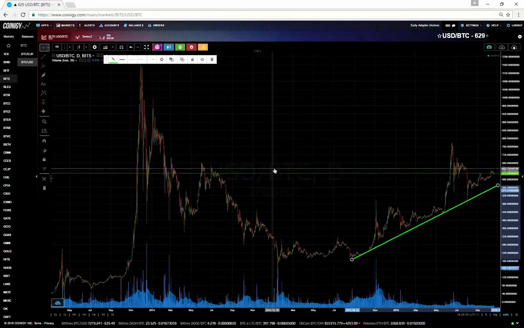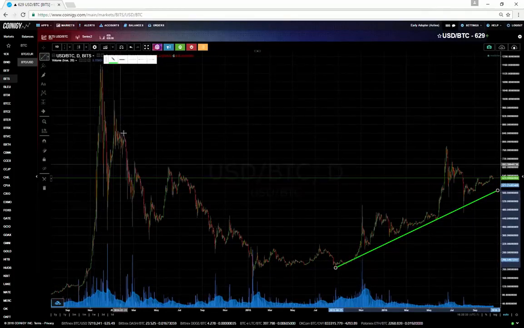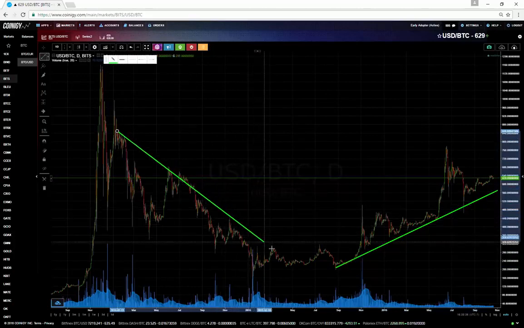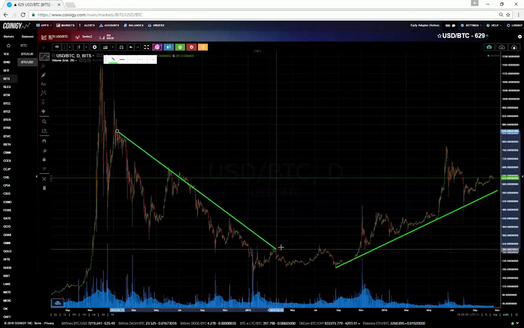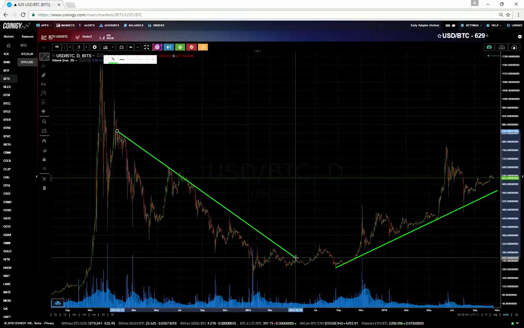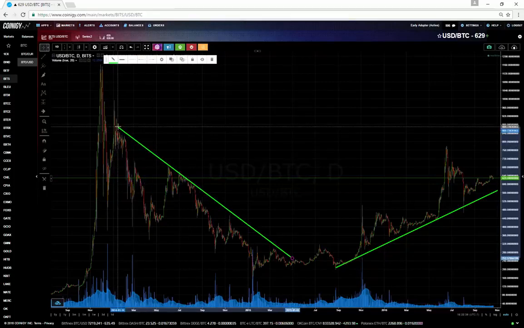Now the same can be applied for a bear trend. Since we had this big correction here, the Bitcoin markets for most of 2014 has been in a bear trend. So you can see multiple points of contact here.